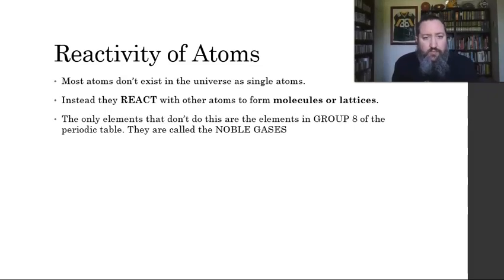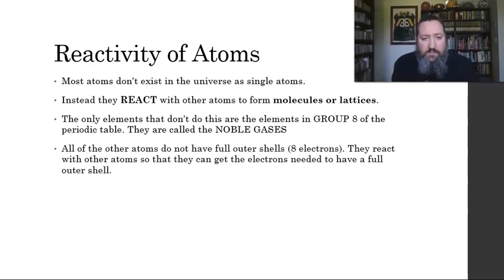The only ones that really don't do that, certainly not on Earth, are the noble gases. They're the ones in group 8, the final column of the periodic table. There is a periodic table attached in today's lesson, the first lesson of the term. The very final column on the right, they are all the noble gases, and they don't react with other things.